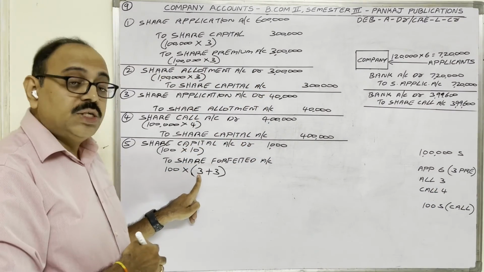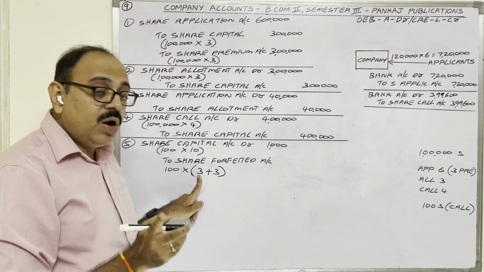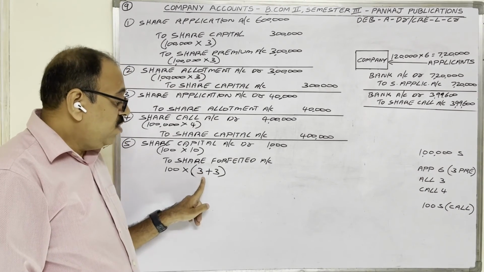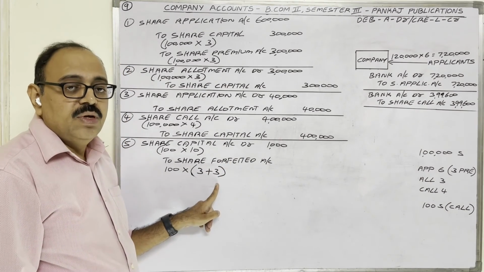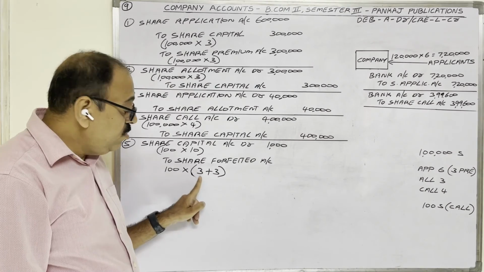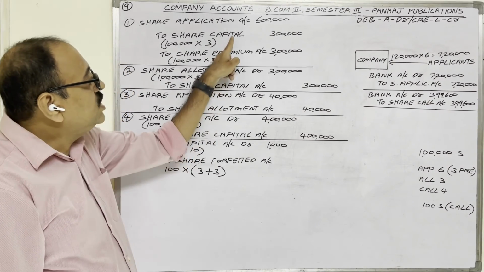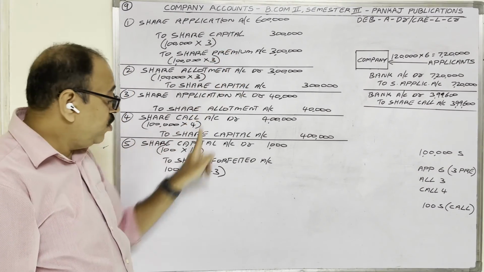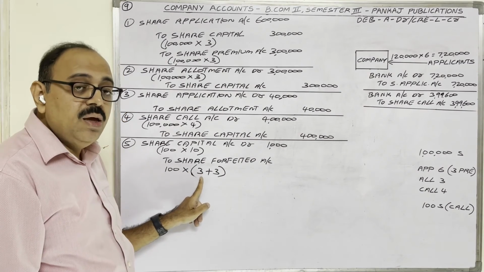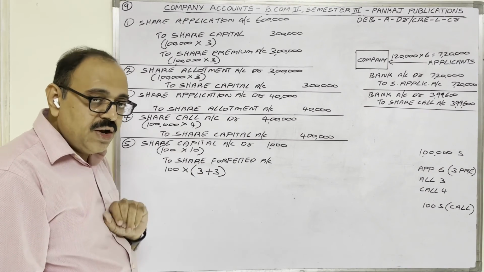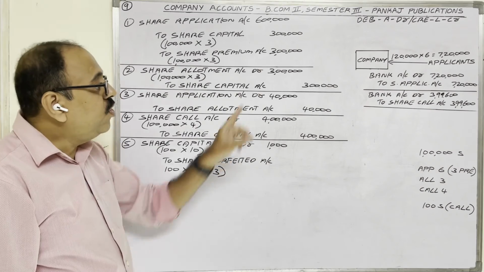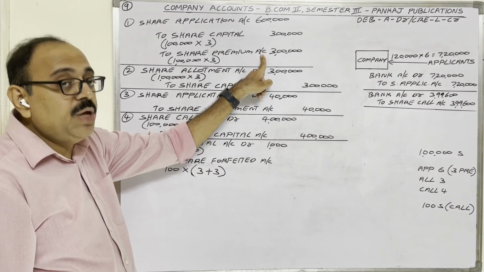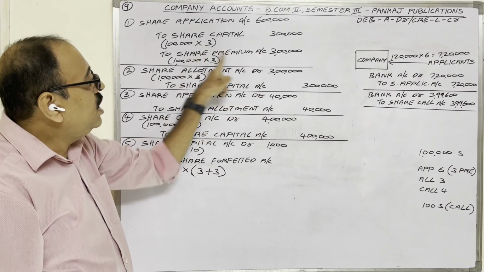Why should we not take 6 rupees here? Why should we not consider the premium amount while writing the forfeiture entry? Because that premium amount we have already considered in the first entry, no? On forfeited shares, premium money at the rate of 3 rupees each, 300. That 300 of forfeited shares related premium income, already we have written.